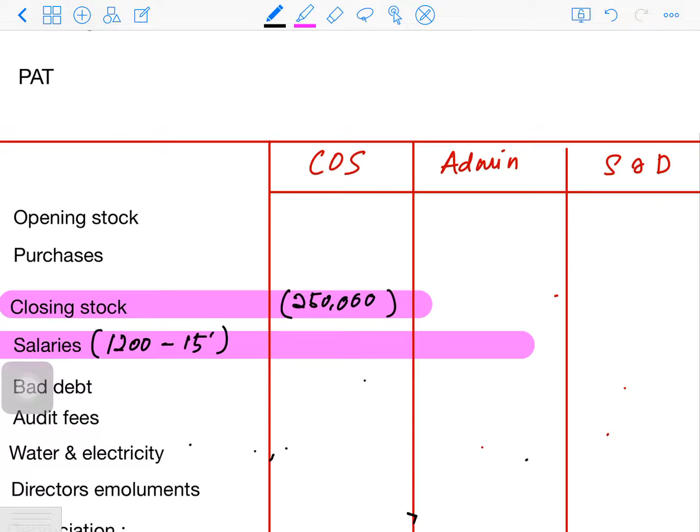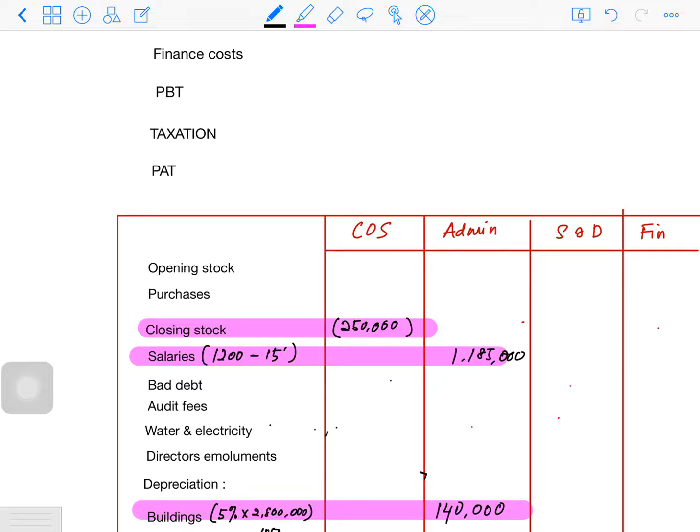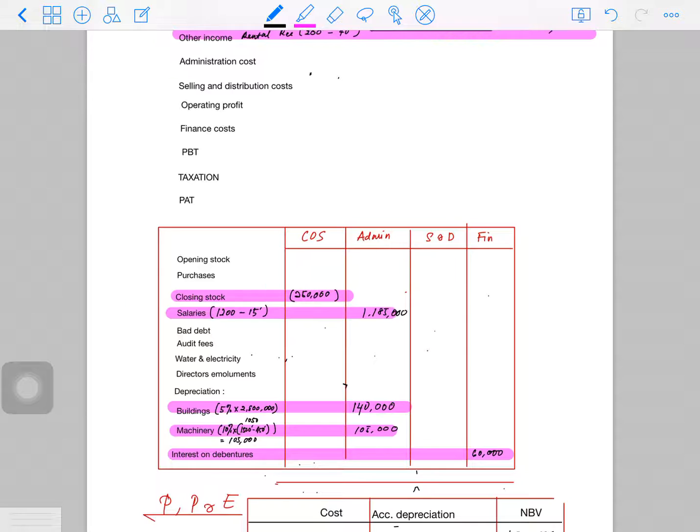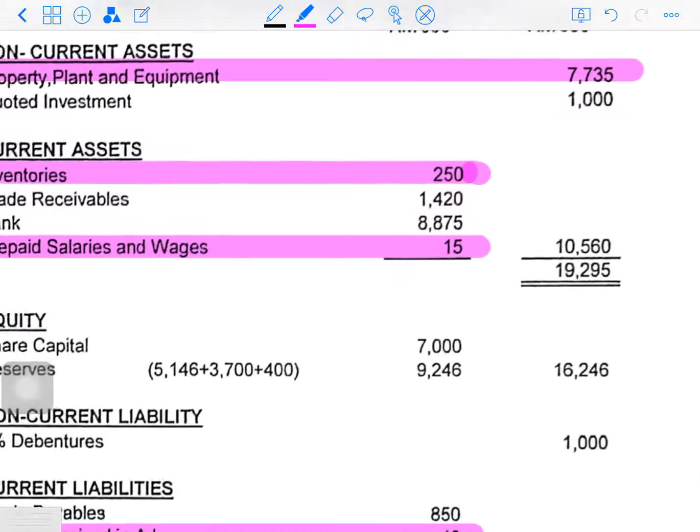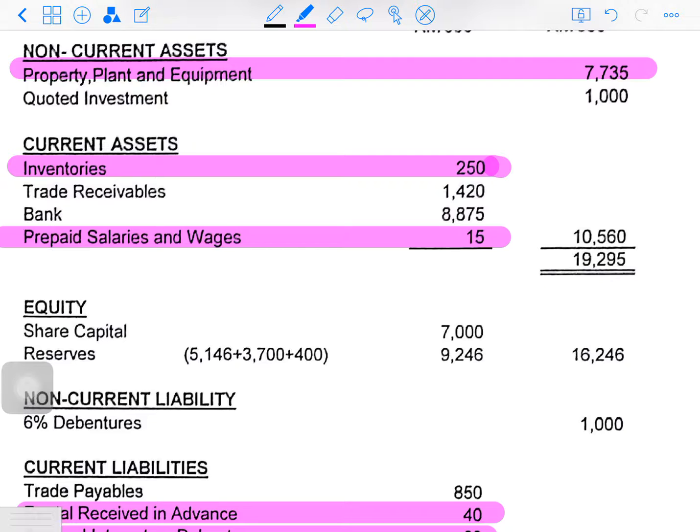So you should get 1,185. Okay, 1,185 for your salaries, and 15,000 will be in your financial position for prepaid salary, salaries and wages, 15,000.